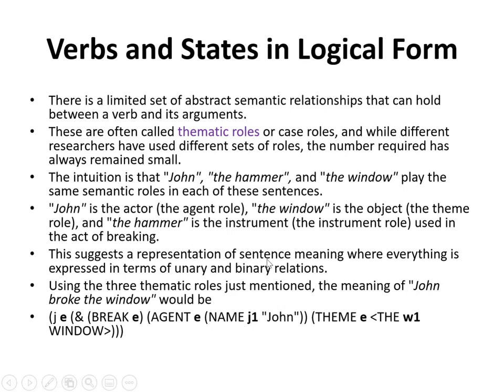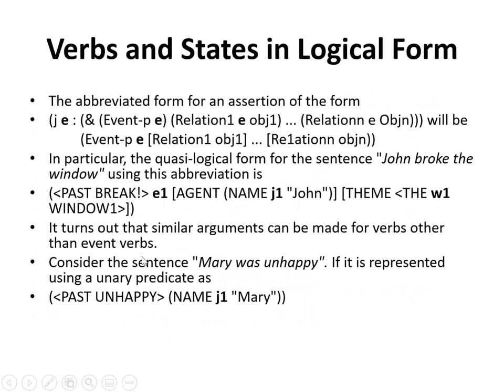This suggests a representation of sentence meaning where everything is expressed in terms of unary and binary relations. Using the three thematic roles, the meaning of John broke the window would be break E, agent E John, theme the window. And if you want to add the instrument, that is the hammer, you have to attach it to that particular logical form. Similar arguments can be made for verbs other than event verbs.